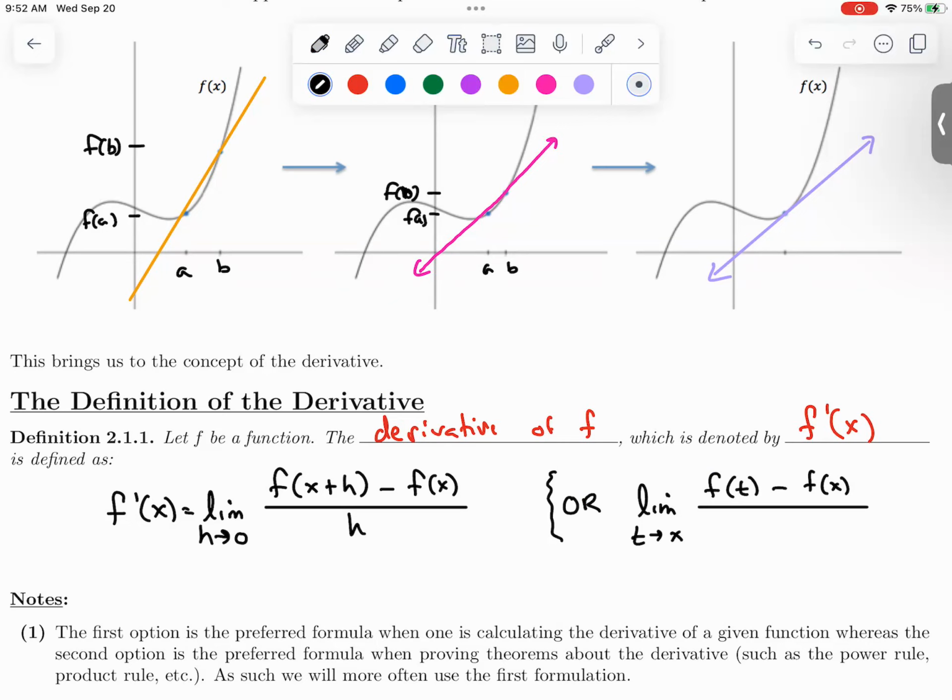We're going to be using the left one almost exclusively. This is the better one.